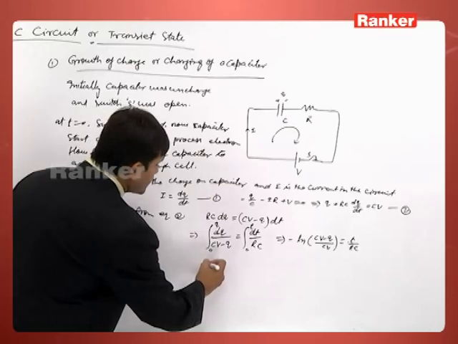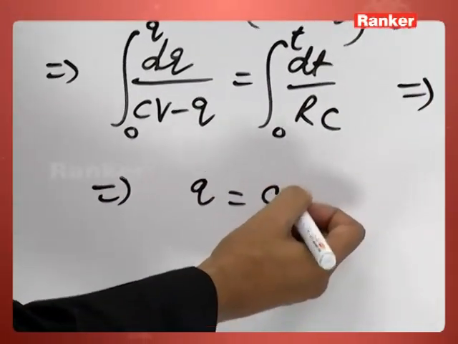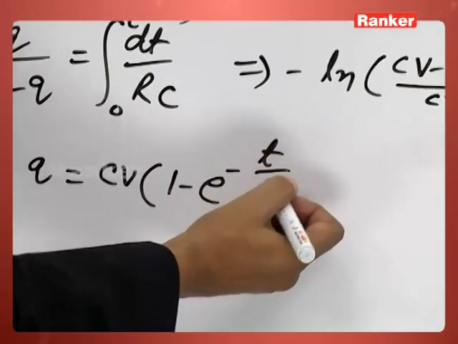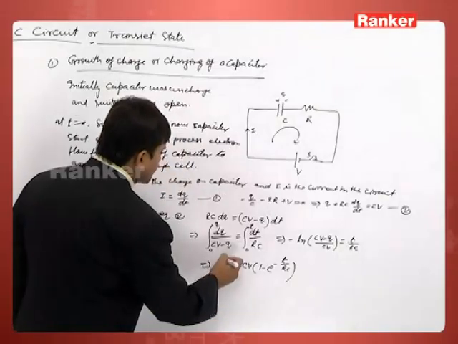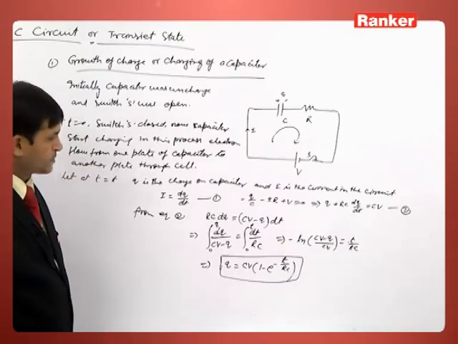After solving, we have q is equal to CV(1 minus e to the power minus t by RC). This is the charge on the capacitor.